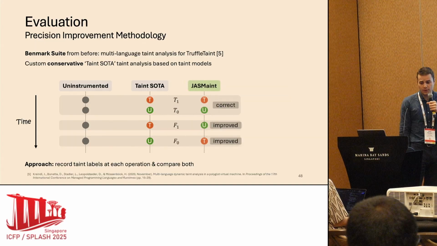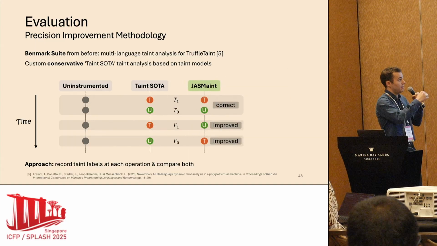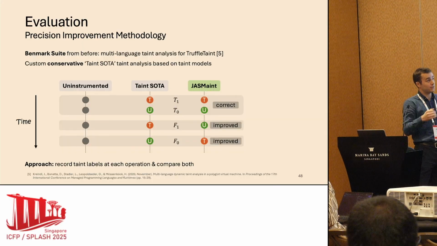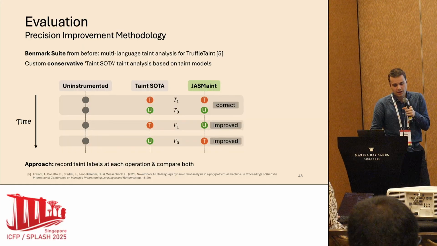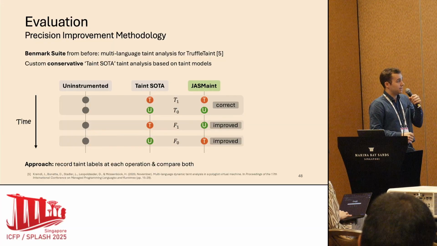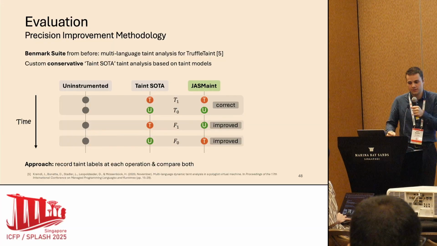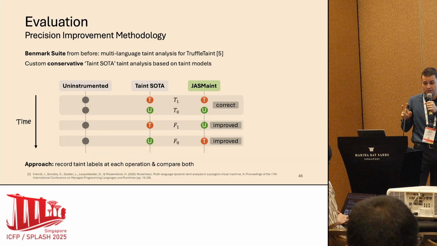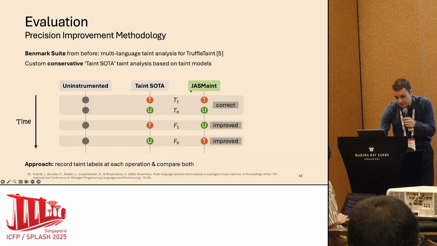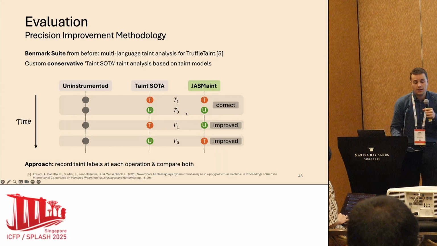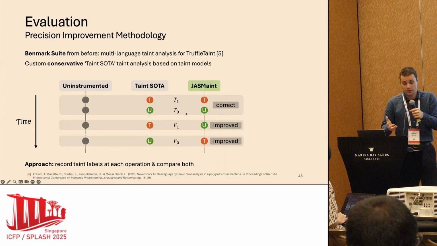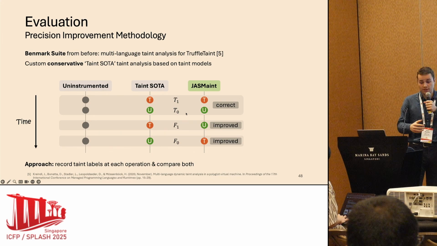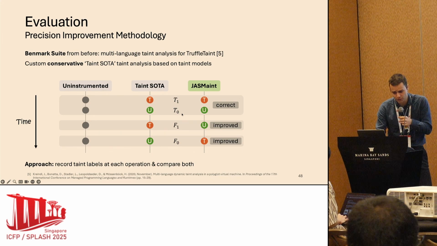Then we compared this entire trace also with JASMaint's implementation, and what you can see is that on the top you have a correct implementation where the true situation, either tainted or untainted, is that both JASMaint and the SOTA implementation return the same result.